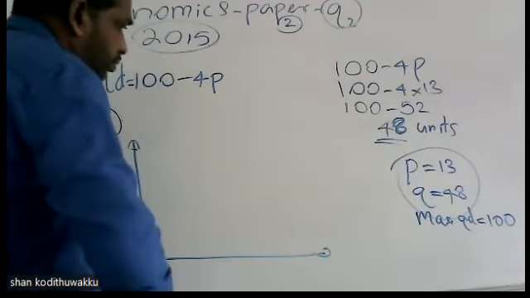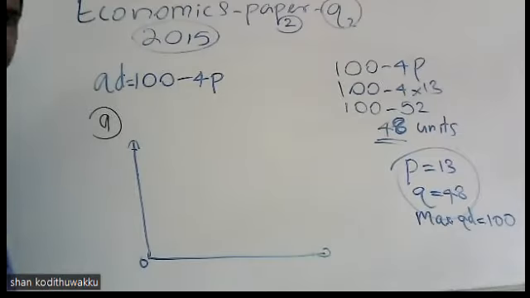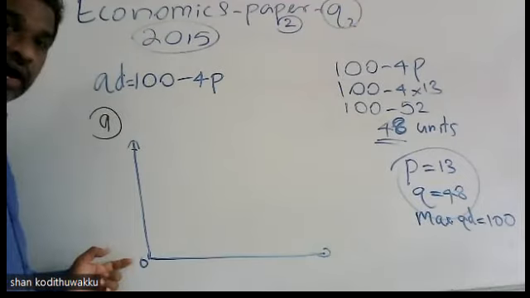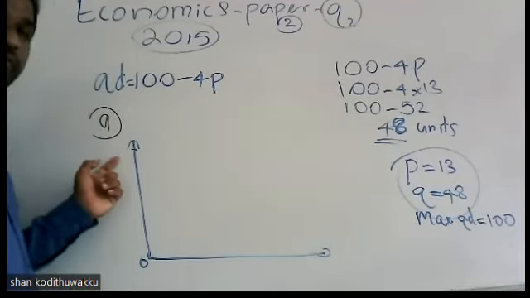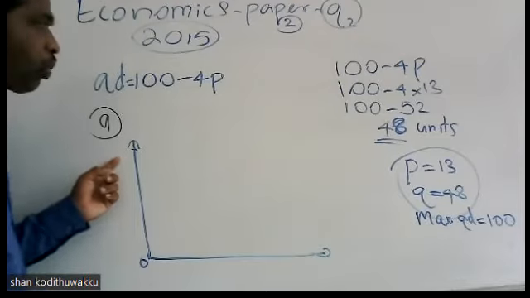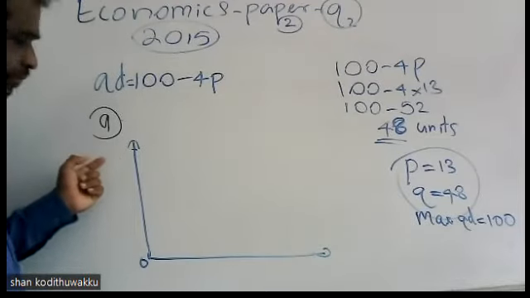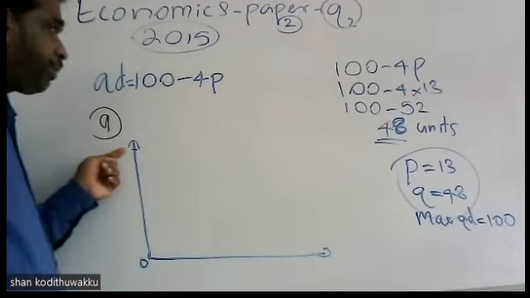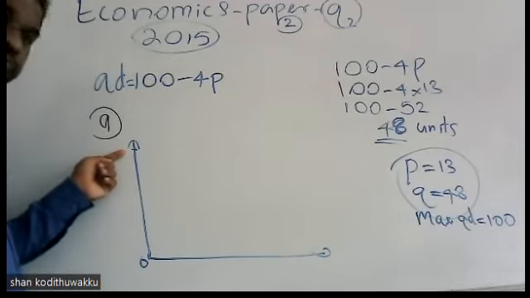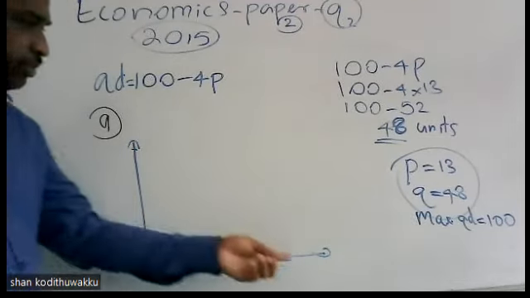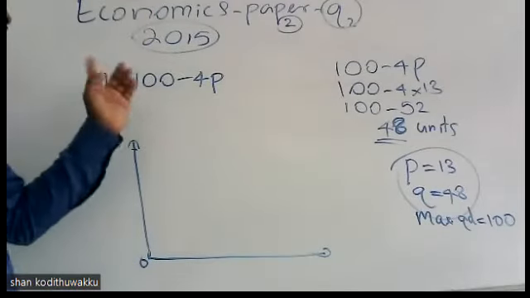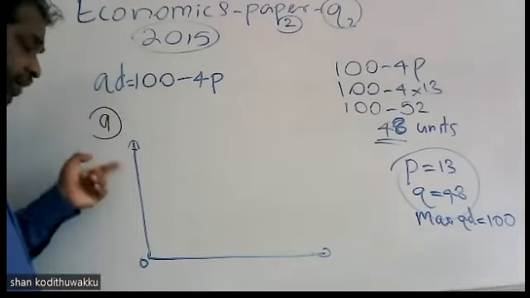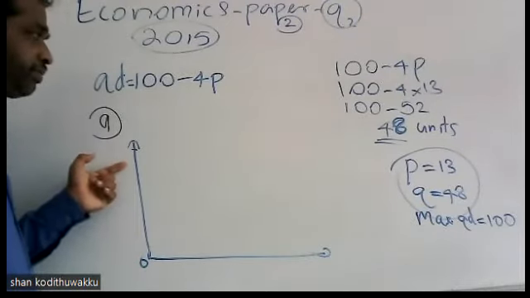Market equilibrium price P will be somewhere here in the center, but you have to find the maximum price. Now you know the maximum quantity demanded is 100, but when the quantity is 0, you have to find the maximum price.